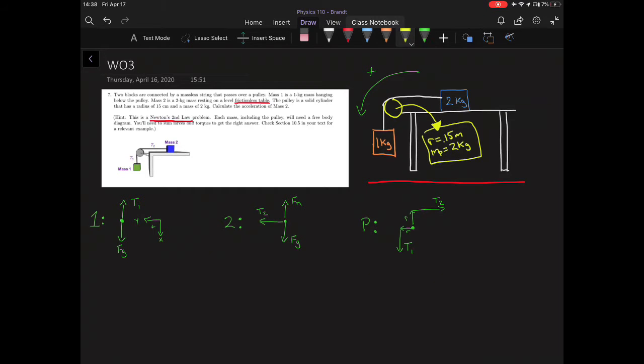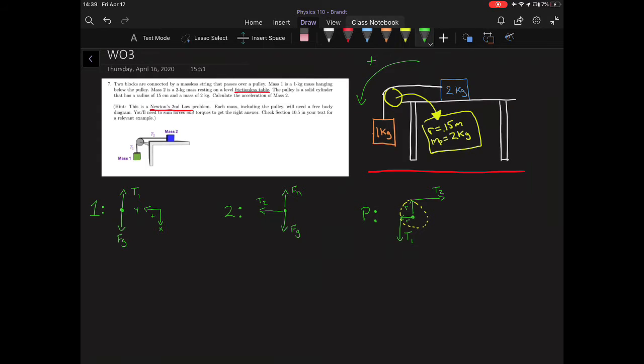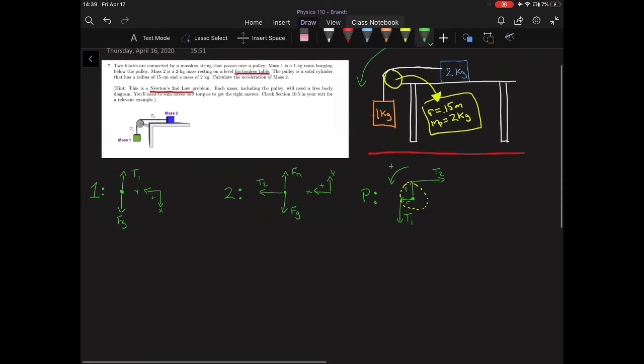And you can imagine if we were to draw in our, it's not quite centered, but you get the idea of where those radii come from on that pulley. Oh, and we forgot our coordinate system on mass 2 here, but those two directions are going to be positive with x and y, and for our torque, we've said that that way is going to be positive for us. So let's take a look now and see how we approach these problems.